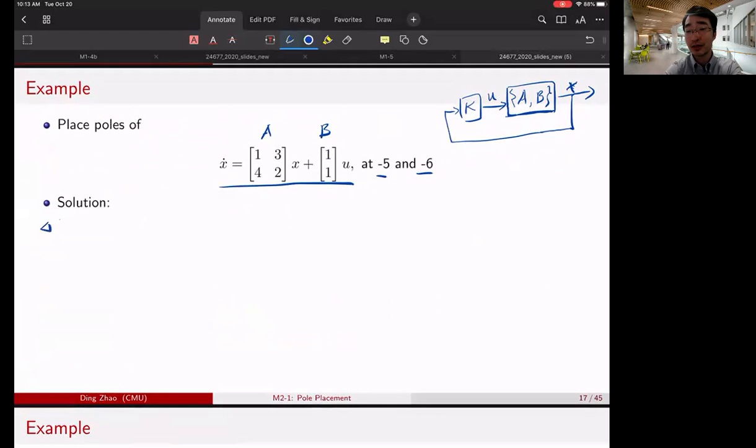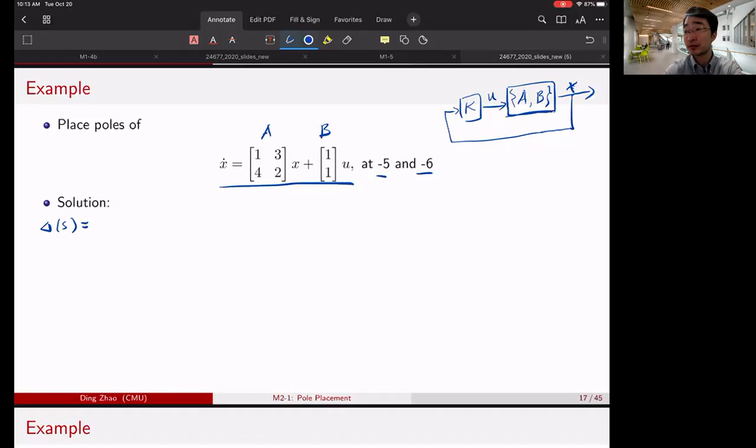Basically, let's first see what my transfer function is. Okay, so what is my characteristic polynomial? This is supposed to be... okay, so how to compute this?